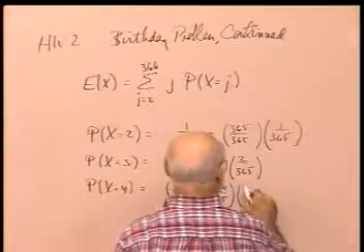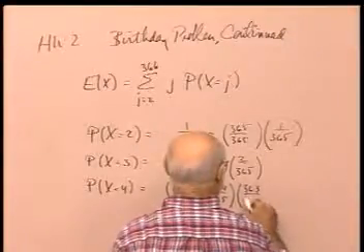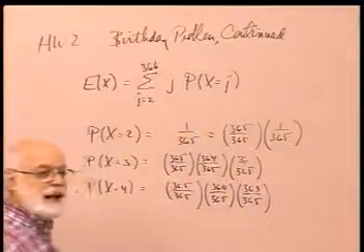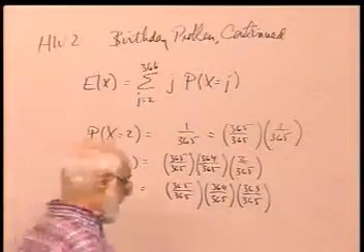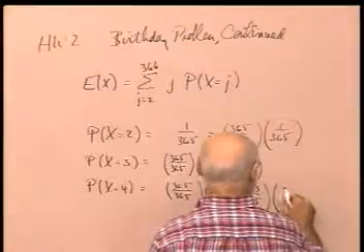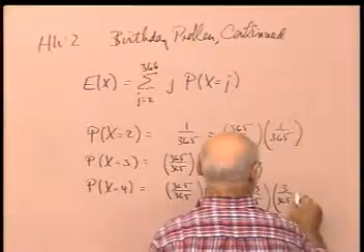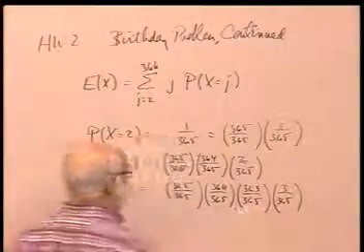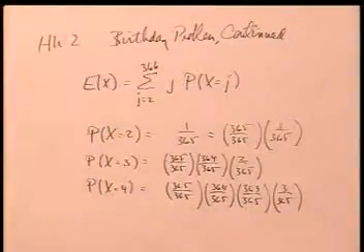Then 363 over 365 is the probability that the third person's birthday does not match either of the first 2. And then 3 over 365 is the probability that the fourth person's birthday matches one of the first 3. So you can immediately see what the pattern is.